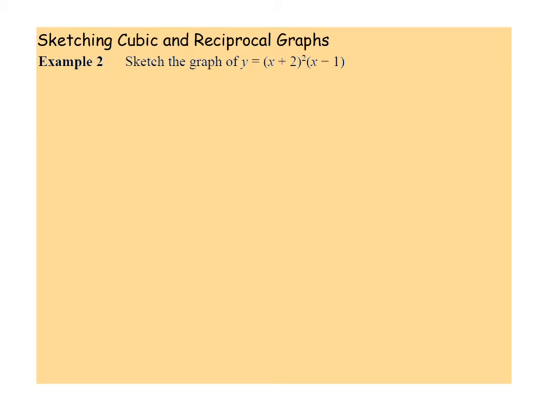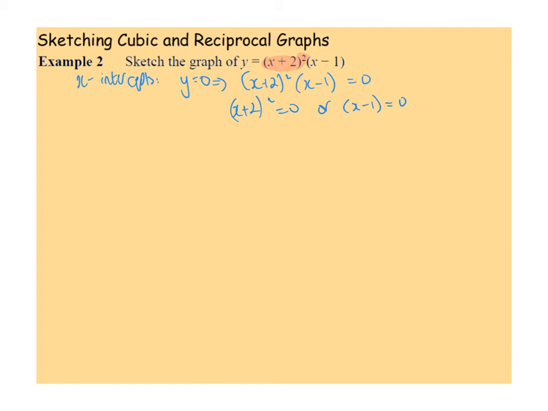So this time you can see in the question that there's a repeated root, and that repeated root will be associated with this bracket. So we'll make sure we focus on that when we need to. And that's going to be right at the start, because we're going to first start off with finding the x-intercepts, which is when y equals 0, which means that this is all 0, and so that means (x + 2)² = 0, or x − 1 = 0.